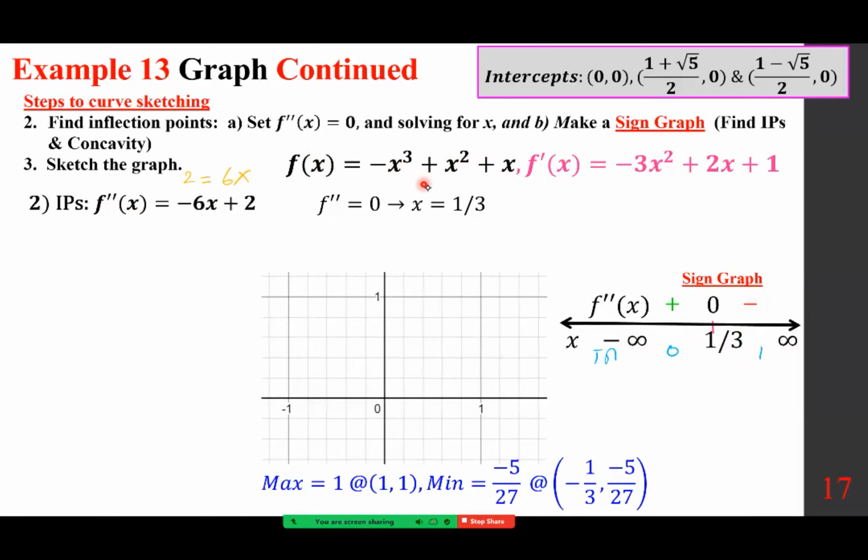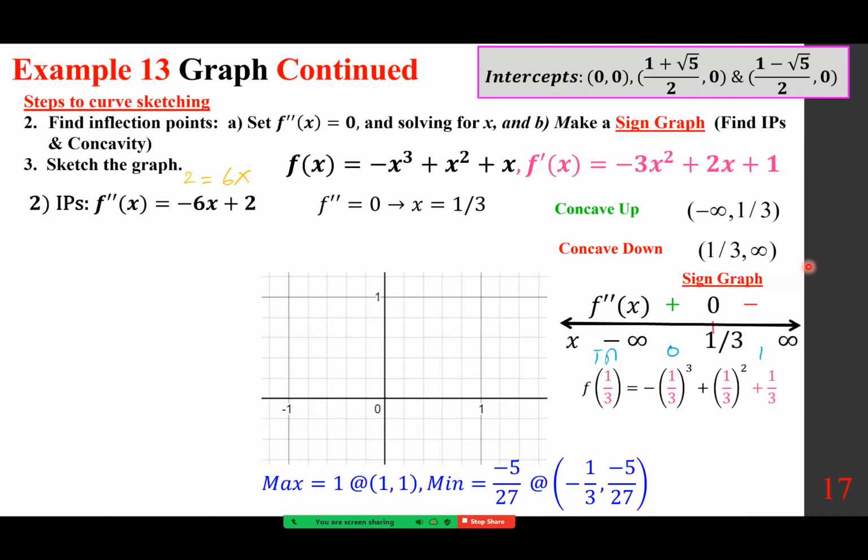So let's do that. So it's concave up from negative infinity to 1/3, concave down from 1/3 to infinity, and let's evaluate. Negative 1/3 to the third is 1/27, so minus 1/27 plus 1/9 plus 1/3. 27 is the LCD.